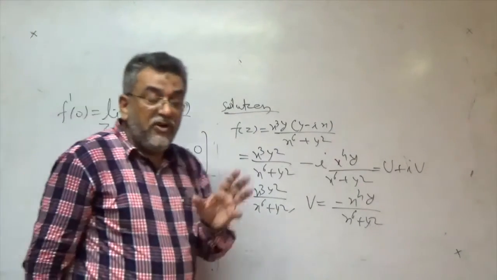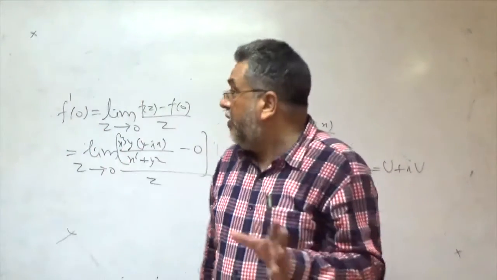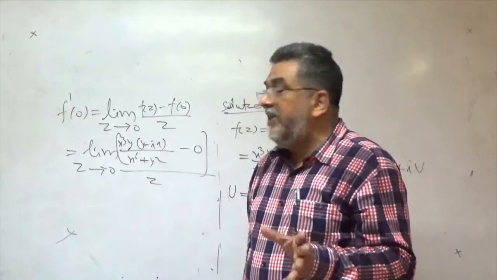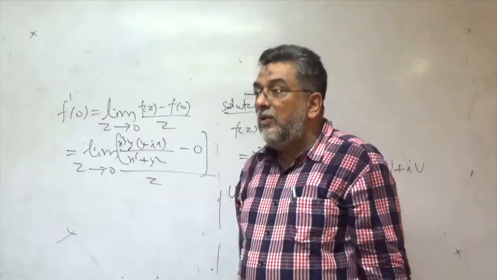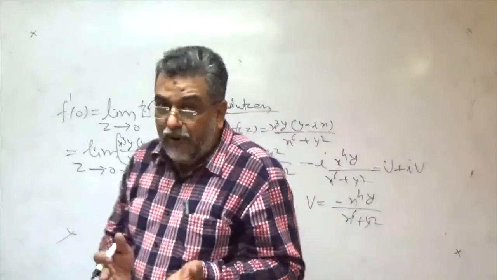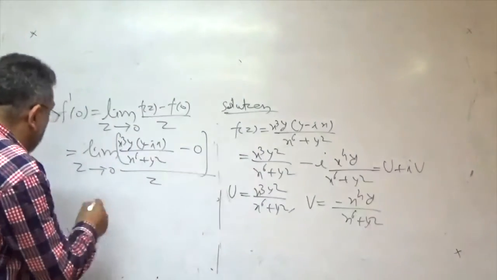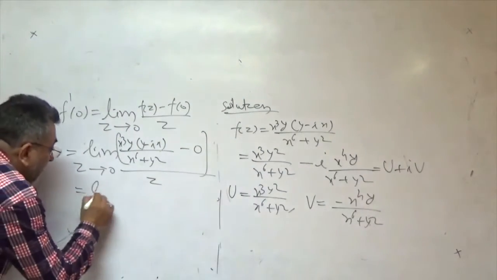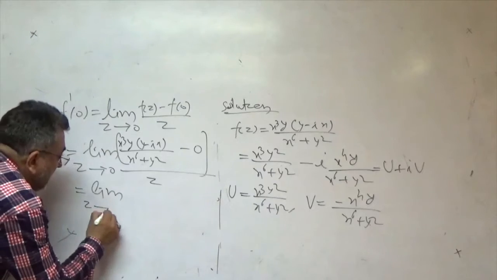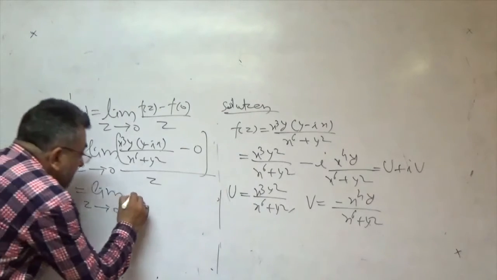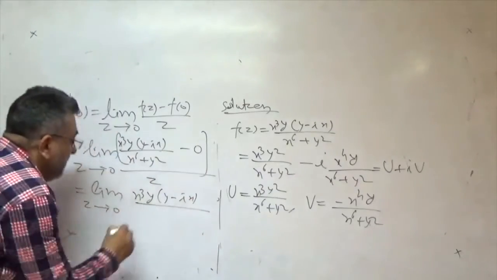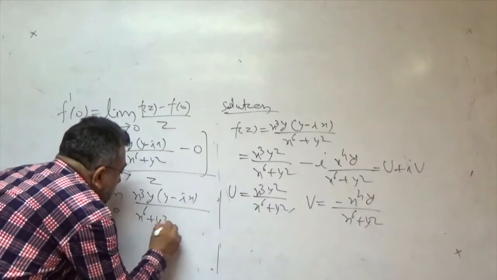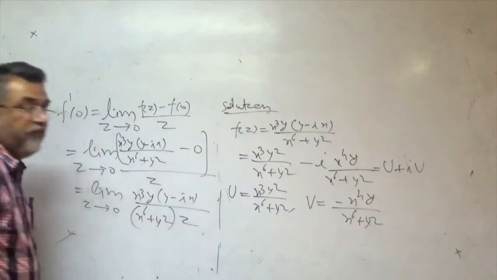Now we check whether this limit exists or not, and I have already told you that every function here is a function of two variables, so the method of checking the existence of the limit is different. We have to check whether the value of the limit is independent of path or not. So for that we calculate the limit as z tends to 0 of x cube y minus ix upon x to the power 6 plus y square, into z.